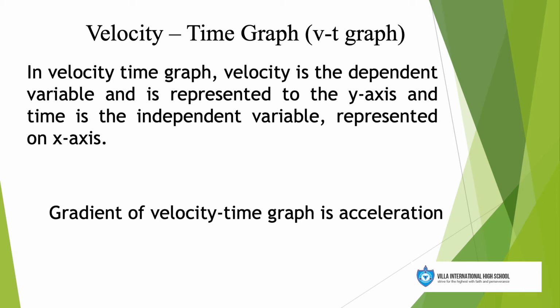So by using this concept, we can explain all velocity time graphs. If you get any velocity time graph, you can explain the motion of an object by using this simple concept: gradient of velocity time graph is acceleration. So let's discuss various velocity time graphs now.